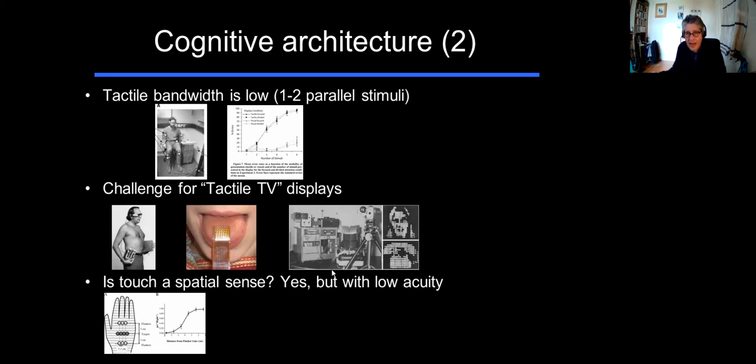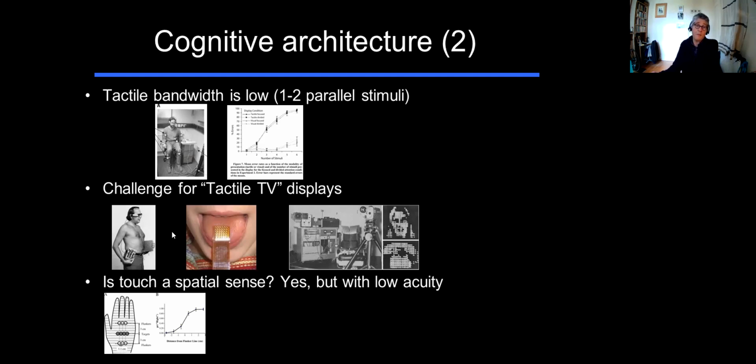So when they look at an object, a set of tactile pixels on their back will translate the visual object into a tactile image, which is projected onto their back. And this work by Bach-y-Rita was basically disastrous because they spent loads of money on equipment and all they could really do is distinguish a face from a telephone. So the bandwidth is really too low.